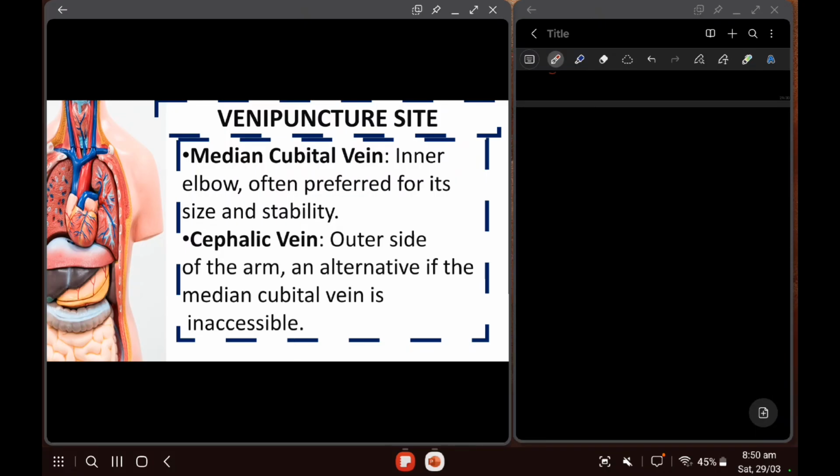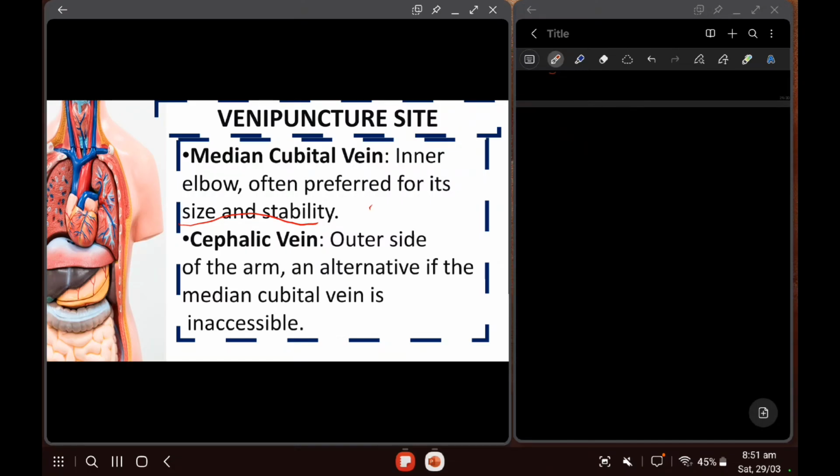So we have median cubital vein, inner elbow, often preferred for its size and stability. It is located in the antecubital fossa. So this is relatively large and tends to be more stable. So it makes it easier for the healthcare professional to access the median cubital.